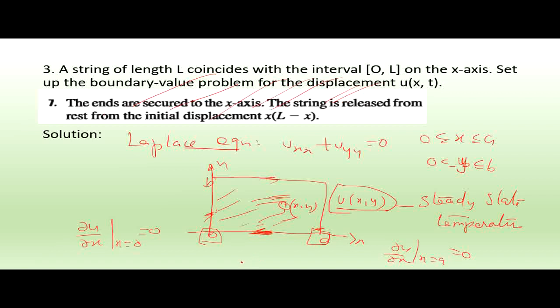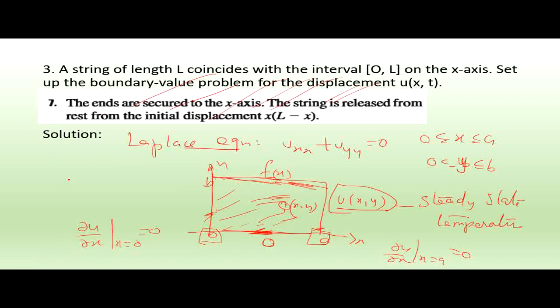And whose upper and lower edges are maintained at temperature f of x. So for the lower edge the temperature is 0 and for the upper edge the temperature is given as f of x. That will conclude the boundary problem.